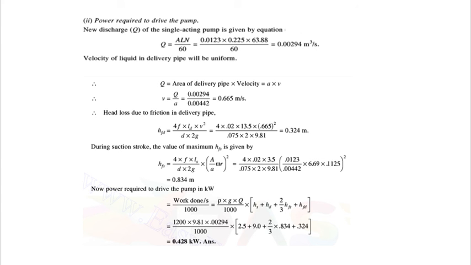This formula we had derived in the last video of air vessel. We know all these values. With the help of these values we can calculate the power required to drive the pump in kilowatt, that is 0.428 kilowatt. Thank you so much.